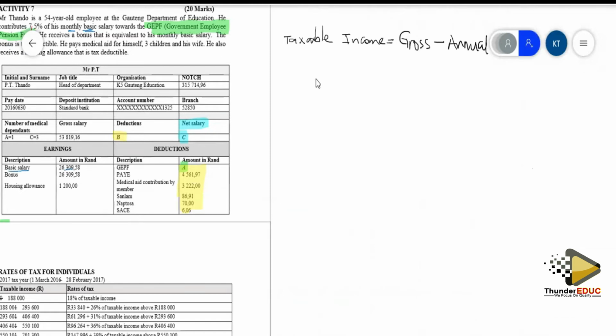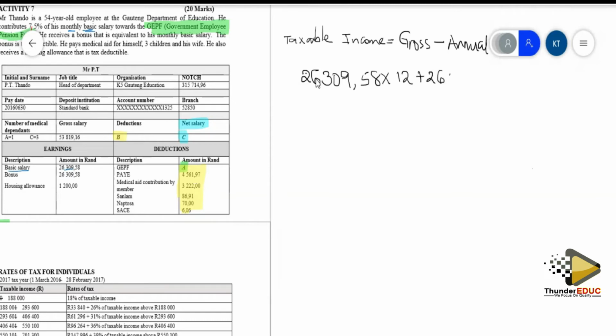Because the payslip shows the monthly amount and it has a bonus, and the bonus is taxed but it's not pensioned, what we're going to do first and foremost is take the annual gross, which will be the basic, 26,309 rands 58 cents times 12, plus the bonus.